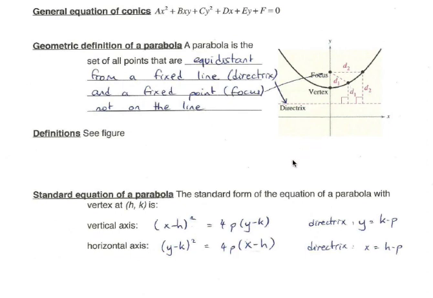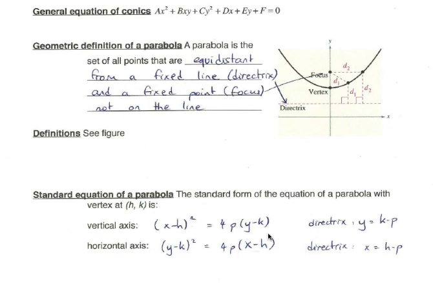The standard equation of a parabola is given here. There are actually two types of equations we're going to see, because now we're also going to talk about parabolas that open left or right. So firstly, if the axis is vertical, that's what we're used to having in pre-calc and Algebra 2, the general form of the equation is (x minus h) squared equals 4p times (y minus k).